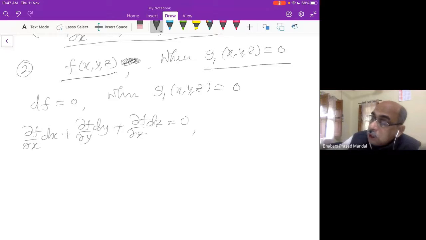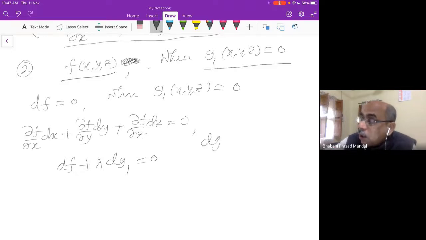So this Lagrange method of multipliers now suggests that you demand not this, but df plus lambda dg1 equals 0, where dg1 will be del g1/del x dx, and so on.